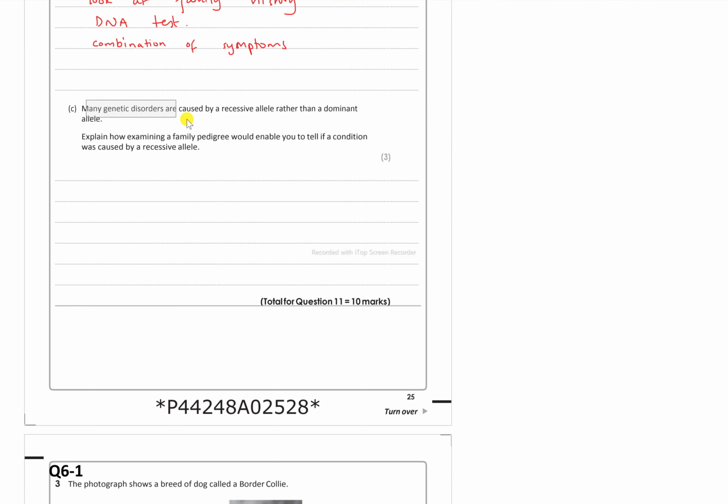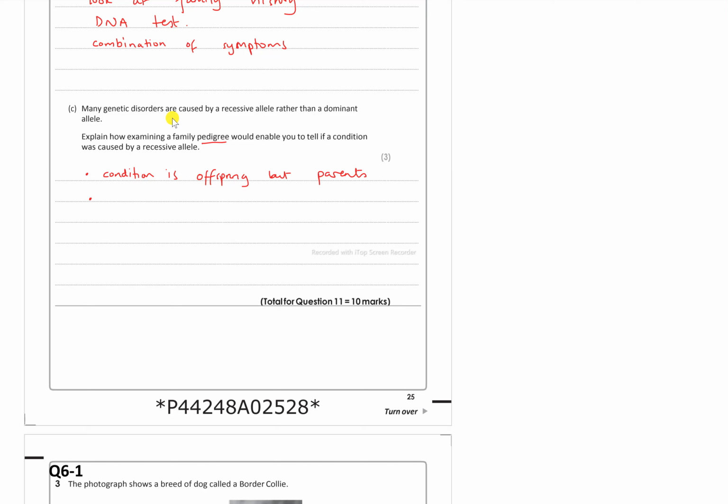Many genetic disorders are caused by recessive rather than a dominant allele. Explain how examining family pedigree, as in the history, would enable you to tell if a condition was caused by a recessive allele. Right. You could have a condition in offspring, in kids, but not parents.